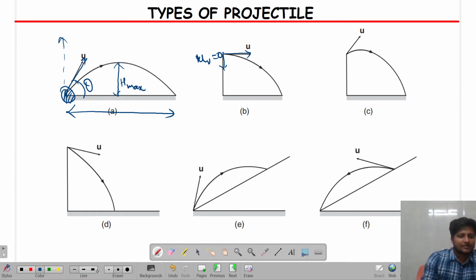Now another method: suppose I take the height of a tower and throw a particle from the top, making the initial velocity at angle theta, neither properly along the horizontal, nor properly along the vertical.